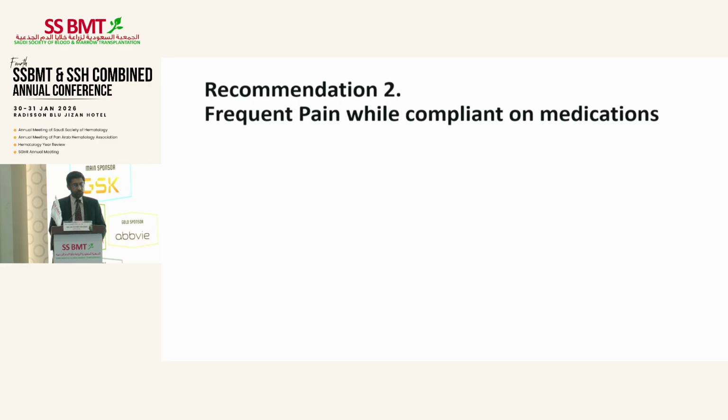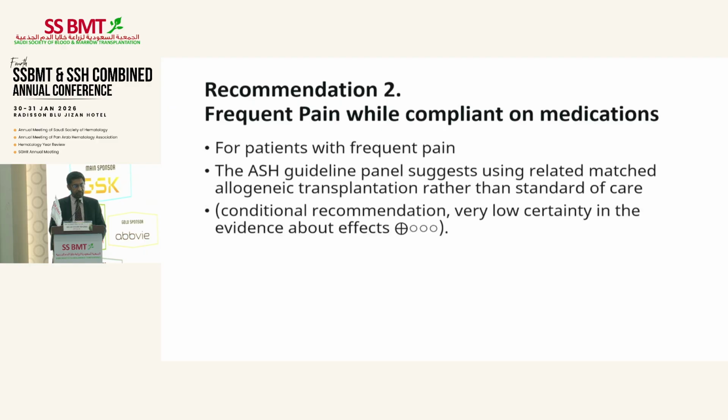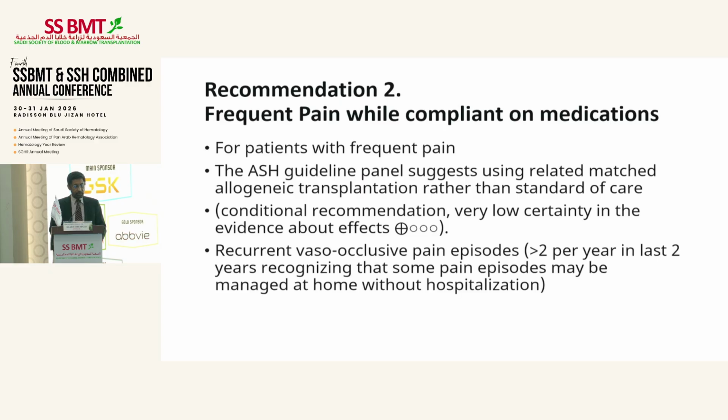Recommendation 2 is for patients with pain while compliant on medications. For these patients, if they have frequent pains, then this is a conditional recommendation for stem cell transplantation. This is defined as more than two painful crises in the last 2 years.